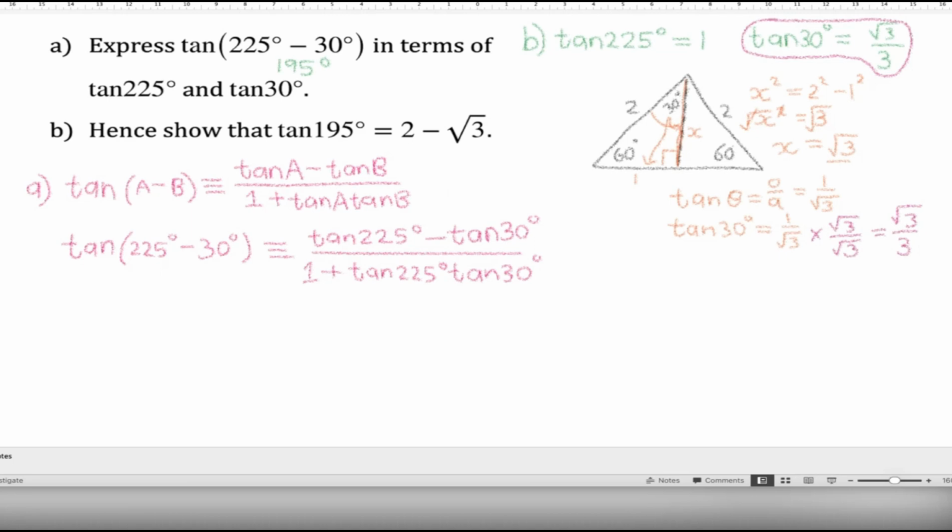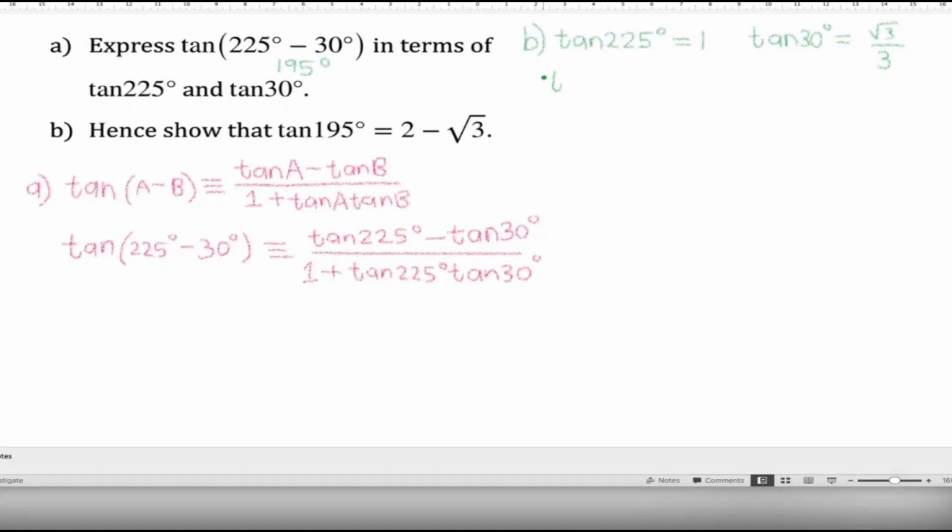So now we can write down the tangent of 195 degrees is equal to the tangent of 225 degrees minus 30 degrees. Now we can follow this part over here. So the tangent of 225 degrees is equal to 1. So instead of writing tangent 225 degrees, we are writing a 1.